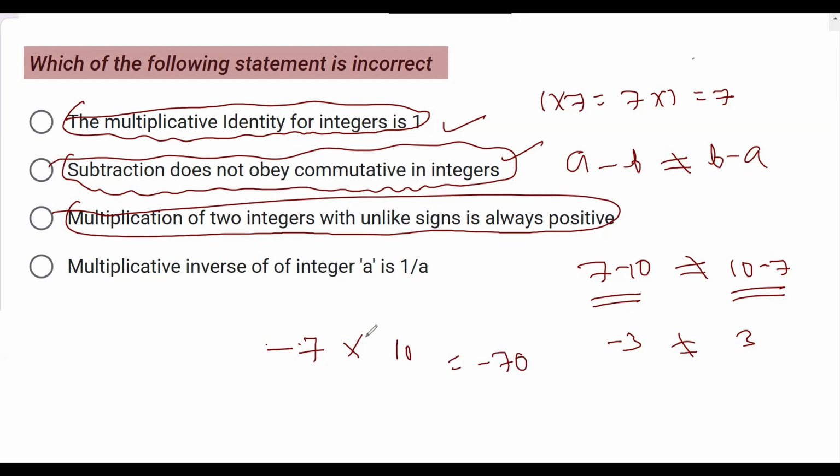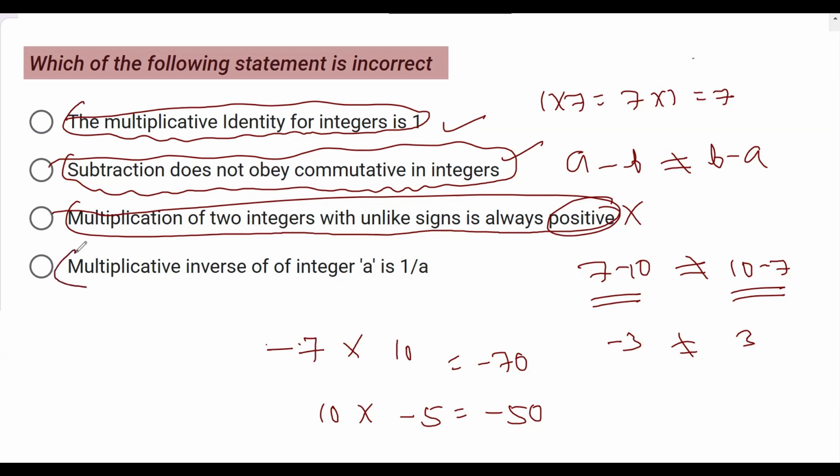So multiplication of two integers with unlike sign, we are getting negative, not a positive. Let's say I take 10 and multiply it with minus 5, that gives you negative 50. So multiplication of two integers with unlike sign is not positive. It should be negative. So this is incorrect.